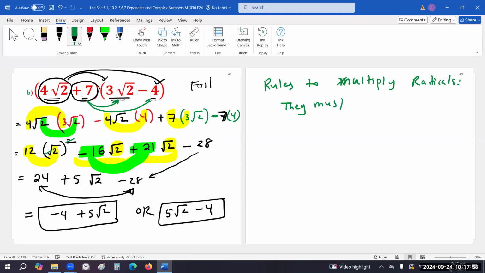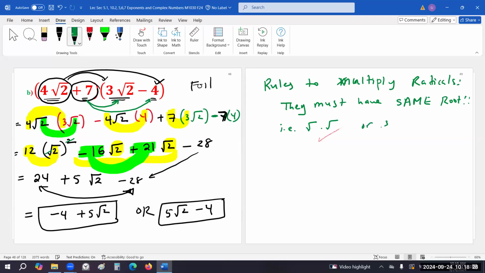They must have the same root, i.e. square root times square root. They are the same square root, so we can multiply them.